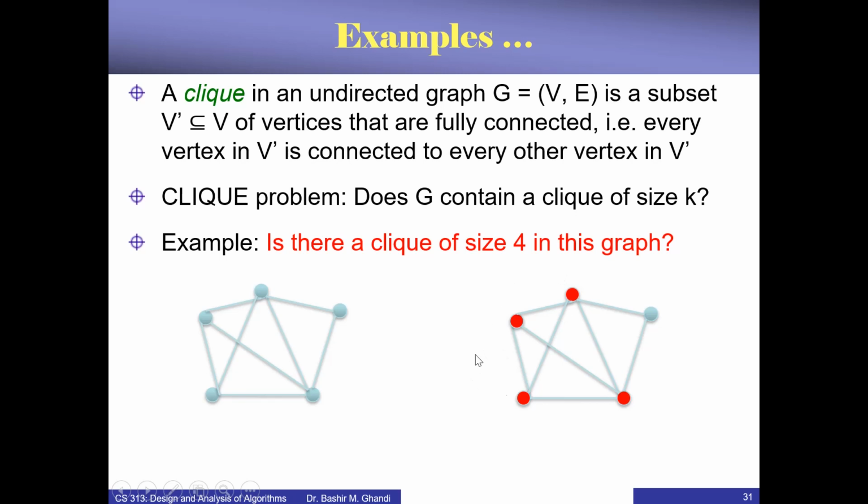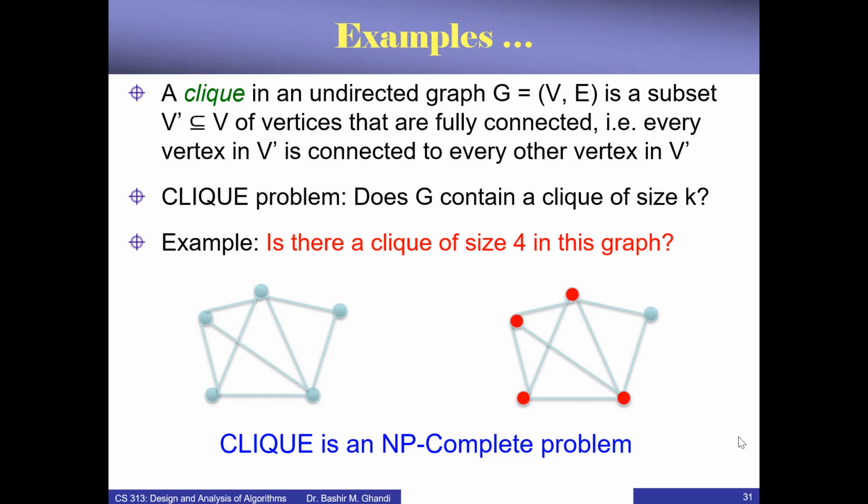So, in this case, the answer is yes. The question is, is there an algorithm that can tell you, if you give it a graph and a number K, whether there is a clique of that size in that graph? The answer is no. However, if you are given a candidate solution, you can verify the answer. So clique is also another example of an NP-complete problem.